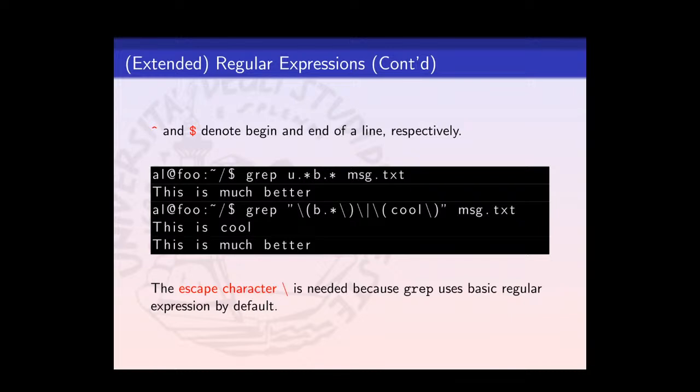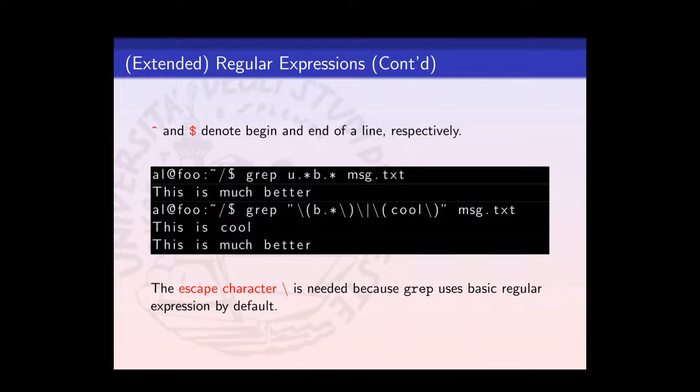Now let's assume we want to extract instead all the lines which contain a B and a sequence of characters, or the word cool. In this case, you can use the parentheses to specify sub regular expressions, and the pipe to say choose one of the two regular expressions.